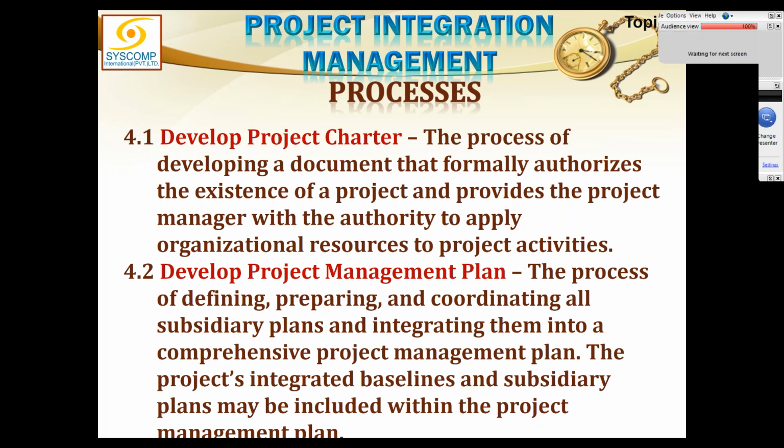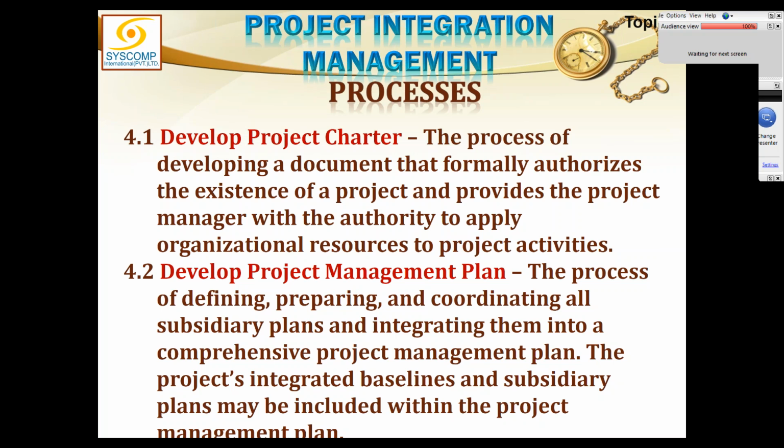You have got subordinate knowledge areas, 9 knowledge areas. Each knowledge area is supposed to create its own management plan. Those are the subsidiary plans. Scope management plan, requirements management plan, schedule management plan, cost management plan. How many are they? Naturally, there are 9 knowledge areas in addition to this.